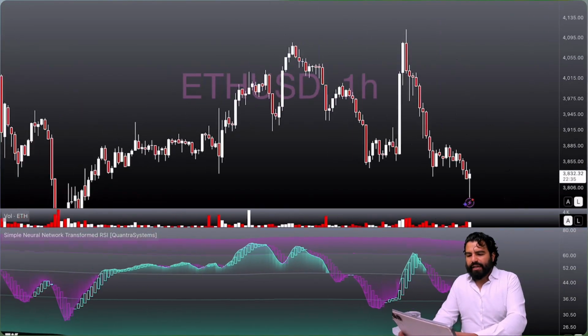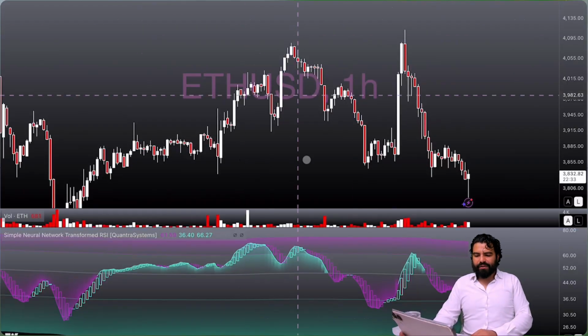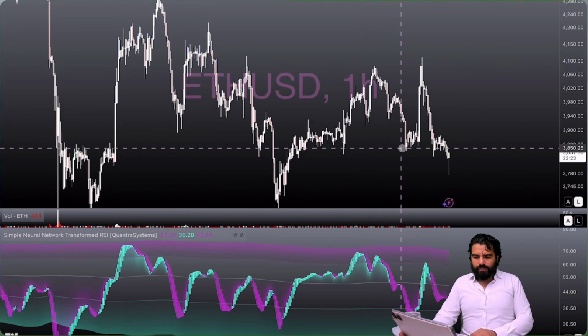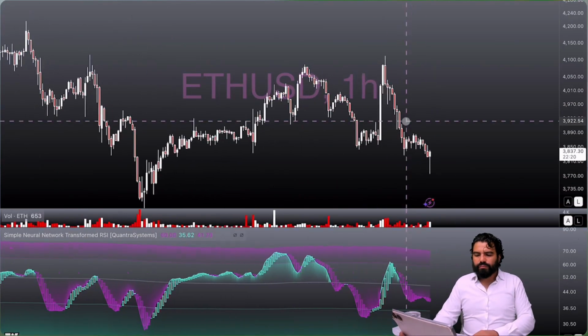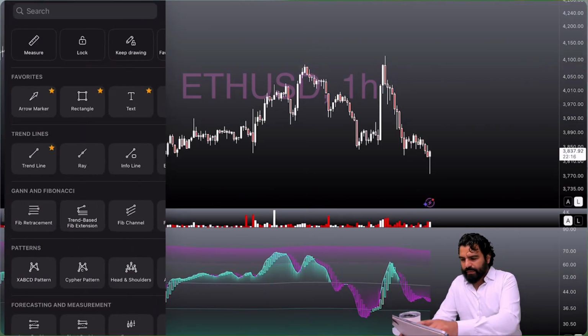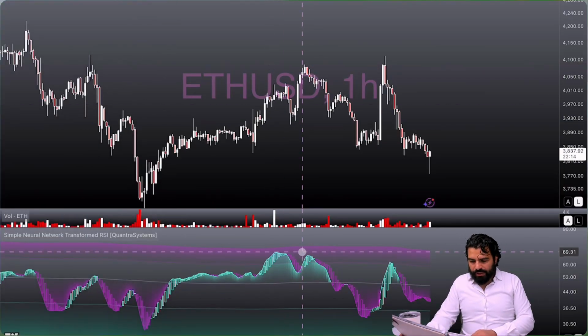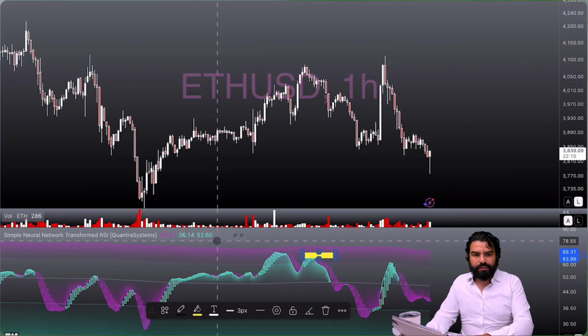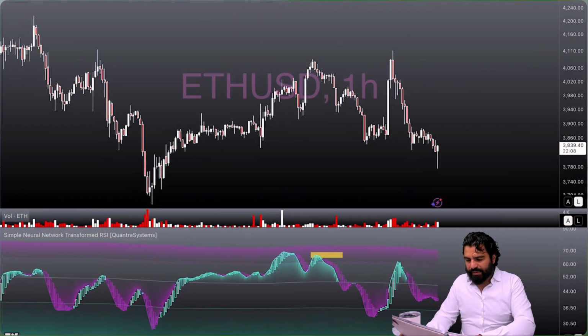We have a top here, and let's see. Okay, good. Of this top, we can see and mark the origin point for our price base, and we're going to change this to yellow, and I'm going to mark this top.